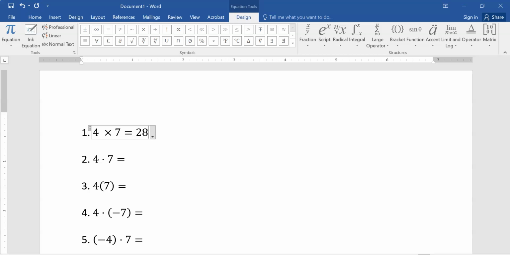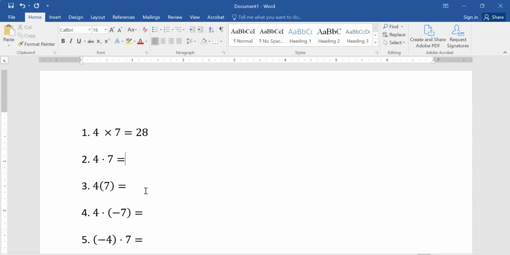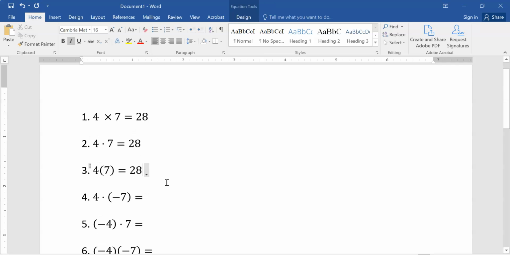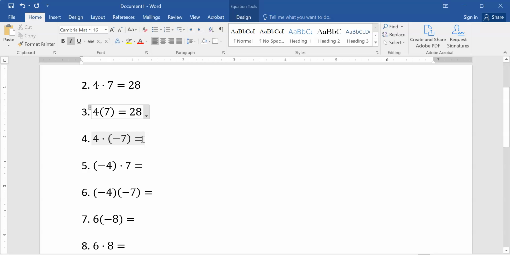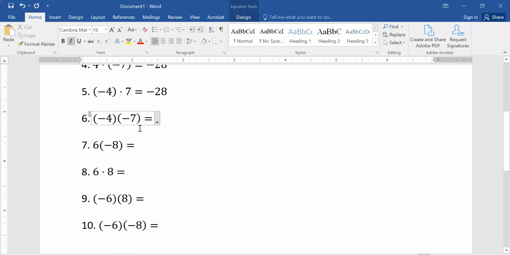Obviously, 4 times 7 is 28, no matter which notation you use. 4 times negative 7, well, positive times negative is a negative, so it's just negative 28. Negative 4 times a positive 7, also negative 28. When you get down to 6, we've got negative times negative, so you get a positive 28.